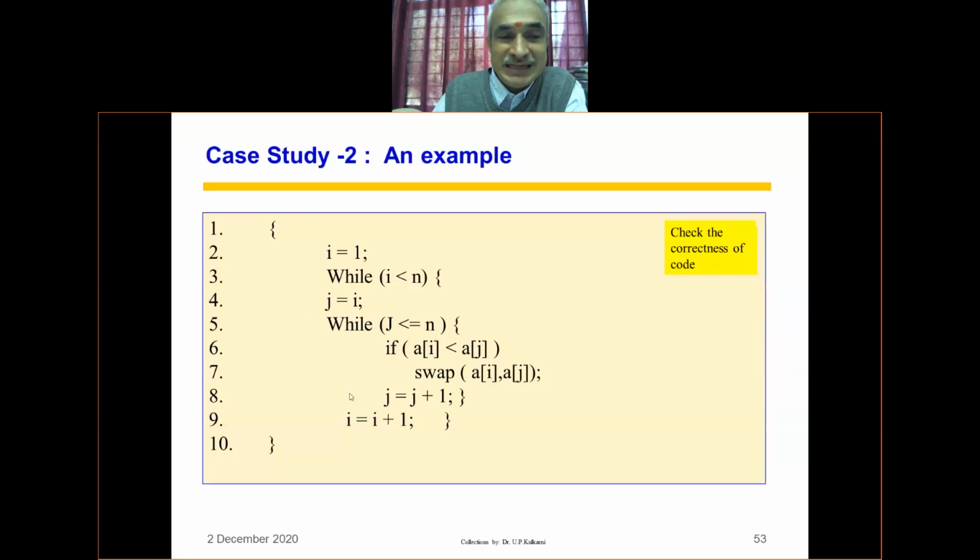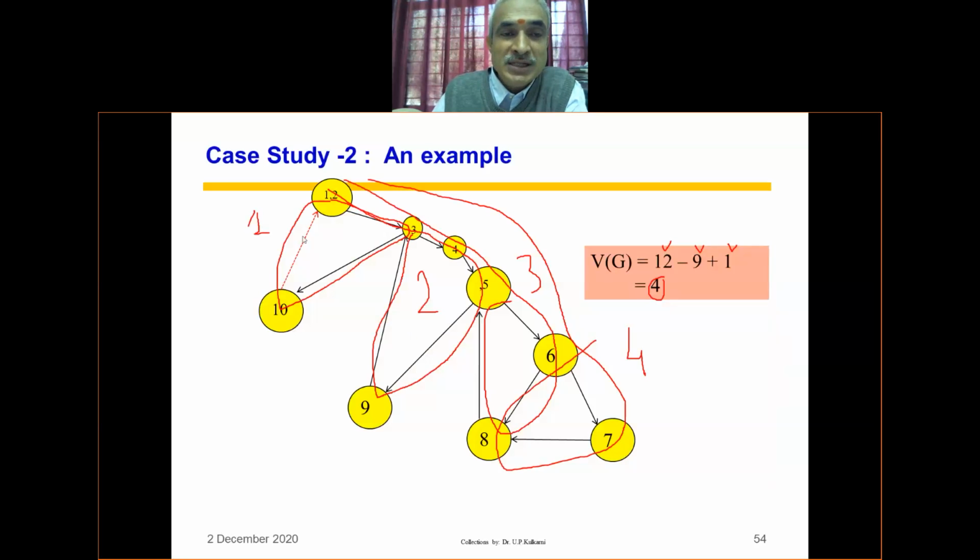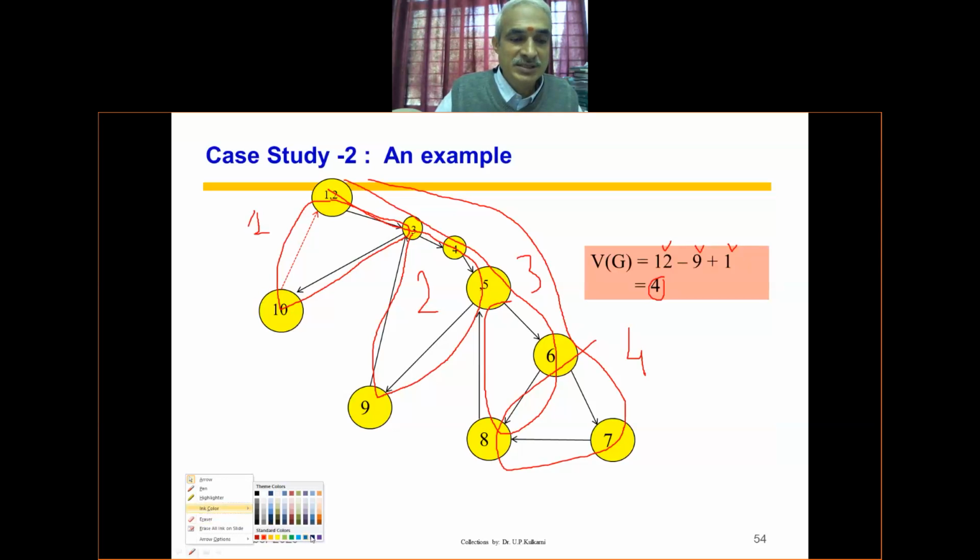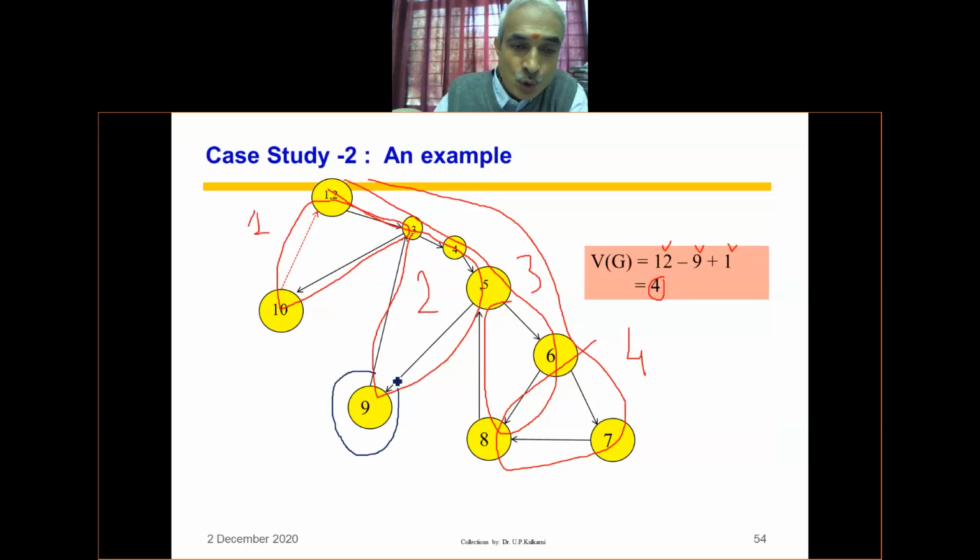When you draw the graph for a given program, please look. One minute. I'll change the color. Right, blue color. Look at this particular node. Each node is nothing but a collection of one or more program statements, every line of the code.